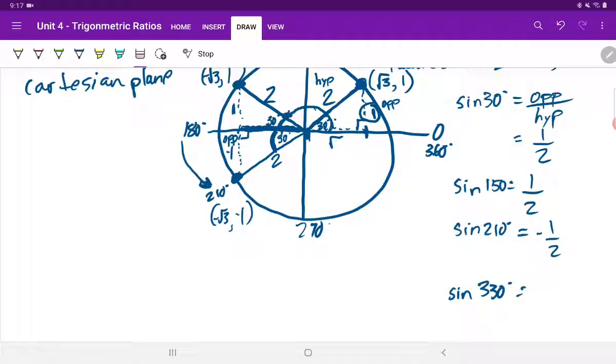I'm going to make some space. But if we were to have a 330 degree angle, that means we'd go all the way around to here at 330, okay? It's 360, so if this is at 330 and it gets to 360 all the way to the x-axis, once again, that leaves us with a 30-degree angle as our related acute angle.